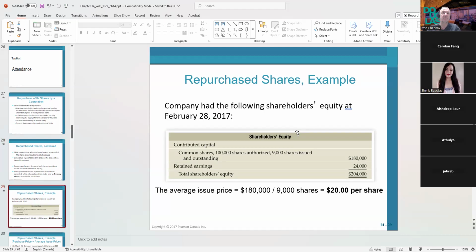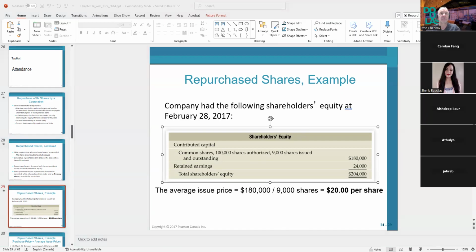Retained earnings, total shareholders' equity. So I'm going to grab this one and flip it on the Excel spreadsheet. At this point, that's the only information that we have, so I'm going to keep the Excel spreadsheet empty. Once we come to the point that we need it, we can go back to the Excel spreadsheet and start using the question.